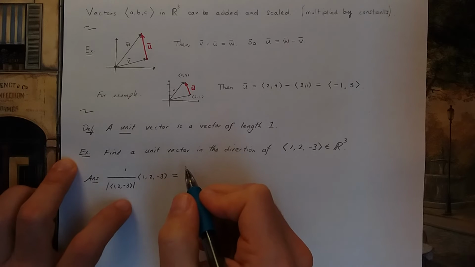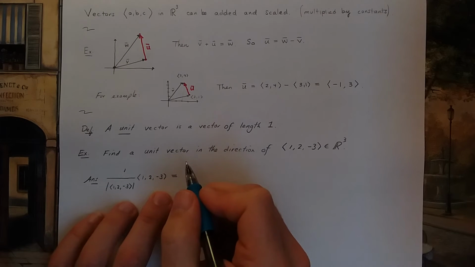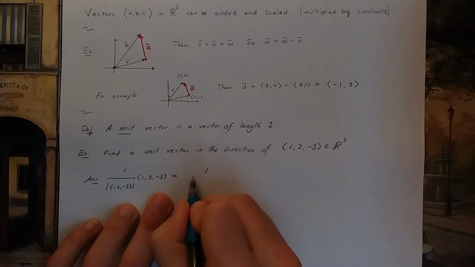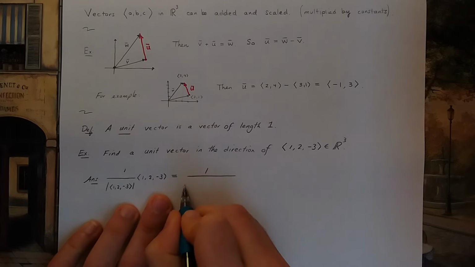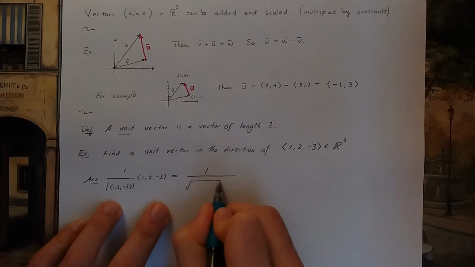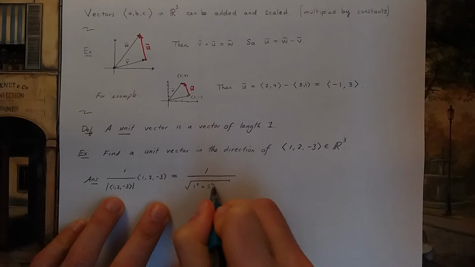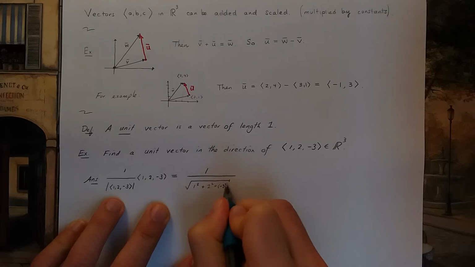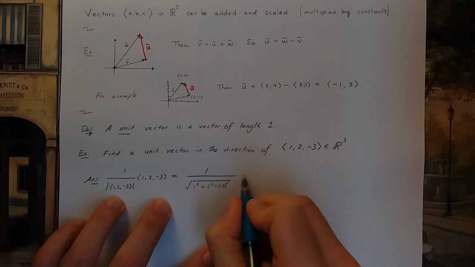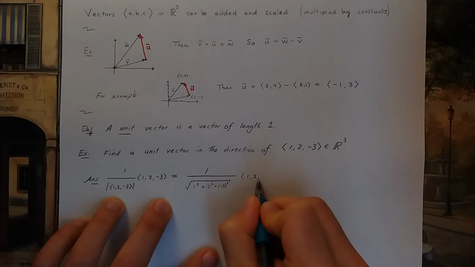So we saw how to find length in our previous video. The way to find length is using the distance formula. So the length of this vector would be the square root of 1 squared plus 2 squared plus negative 3 squared. That's times my vector 1, 2, negative 3.